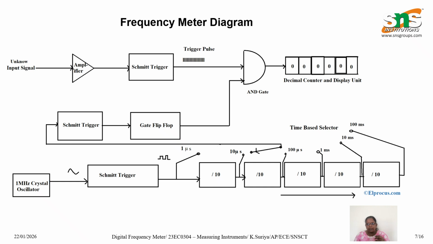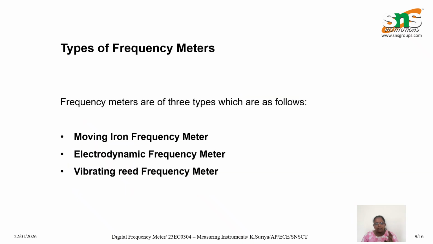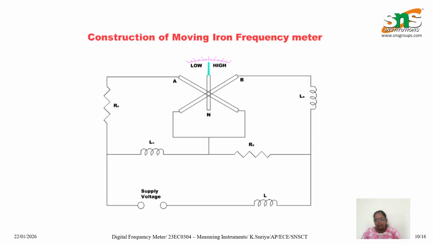Frequency meters are generally classified into three types: moving iron frequency meter, electrodynamic frequency meter, and vibrating reed frequency meter. The first is the moving iron frequency meter, which works using magnetic effects produced by the alternating current.